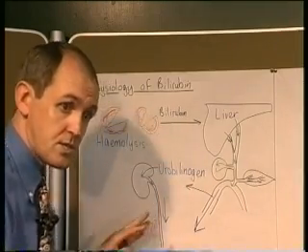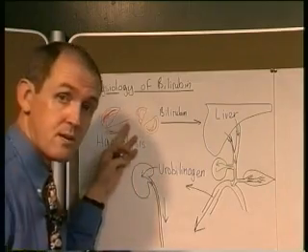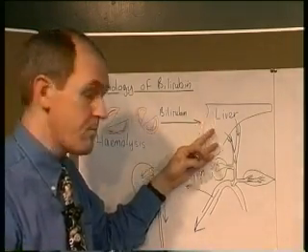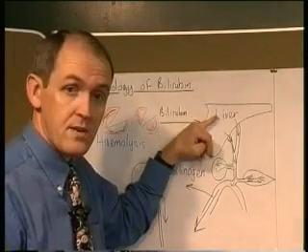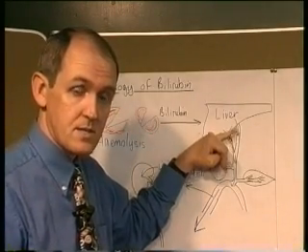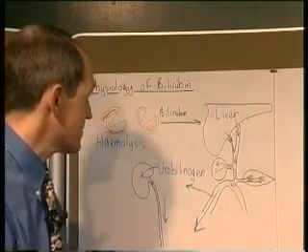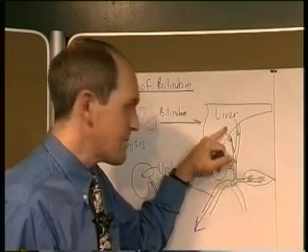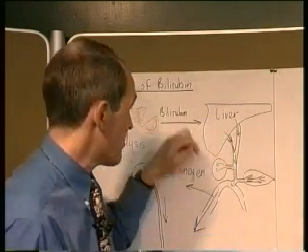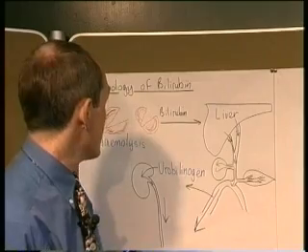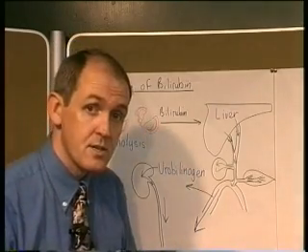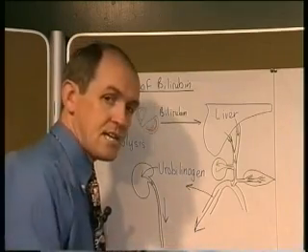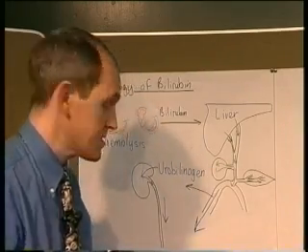So in hepatic jaundice, there'll just be a normal amount of red blood cells being broken down, but the liver is unable for some reason either to take up the bilirubin from the blood and put it into the bile pigments, into the bile product, or alternatively there may be some blockage in the liver that's stopping the bile getting out, also causing an accumulation of the bilirubin in the bloodstream. Now if that's the case, that's referred to as hepatic jaundice.